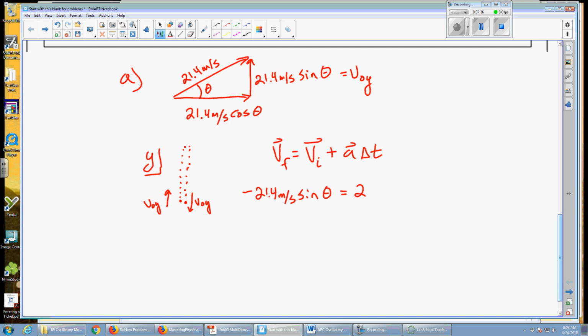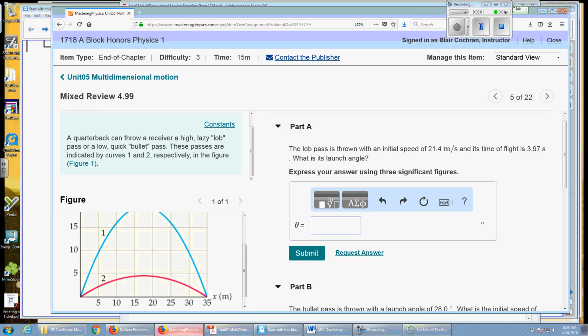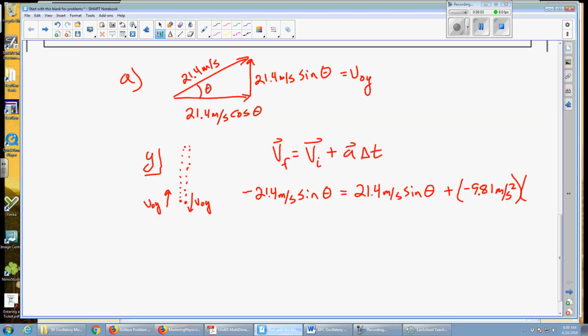My v initial is going to be upwards, 21.4 meters per second sine of theta, plus my acceleration is negative 9.81 meters per second squared, because I know that it's a projectile, so the only thing influencing it is gravity, and my time, I'm told, is 3.97 seconds. And I can do a little calculating and find out what theta is.